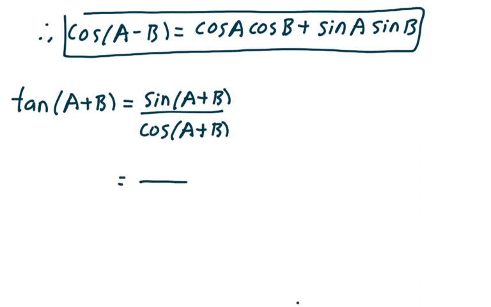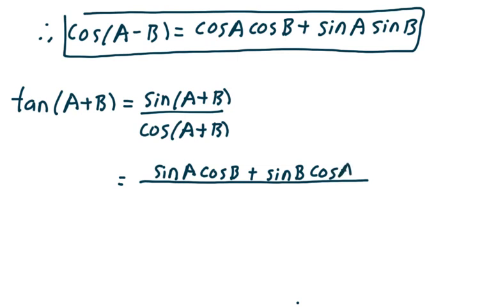And so what we have below is sine a cosine b plus sine of b cosine of a. That's the numerator. The denominator is cosine a cosine b minus sine a sine b.